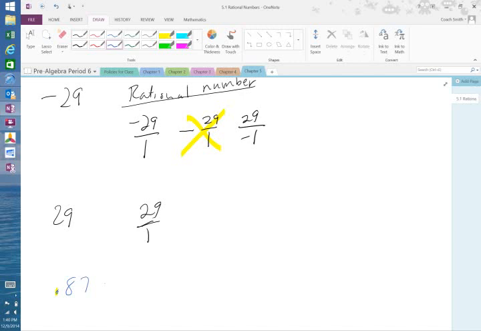Joshua? Fractions. So I want to write 0.87 as a rational number, then I just write it as a fraction. 87 over 100. And I'm done. That one doesn't reduce, so I don't have to reduce it. Like I said, if it were reducible, then you reduce it.